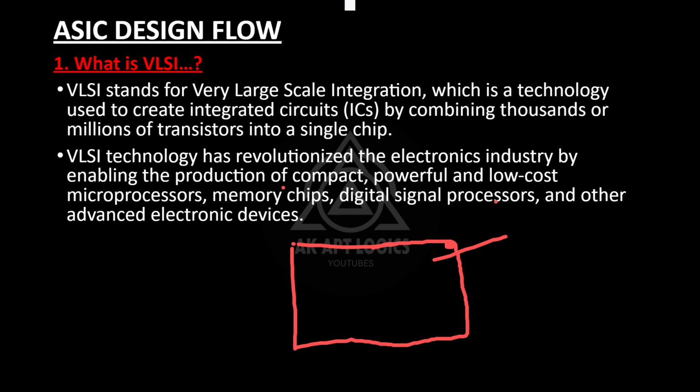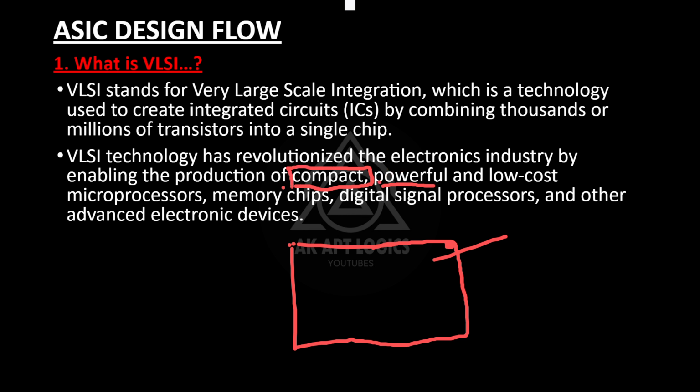So the main aim of VLSI is to reduce the size and make the device compact and powerful. Powerful in the sense it should be very fast. Previously the computers were very slow and very bulky. So to reduce those things, our main VLSI aim is to reduce the device size into compact form.